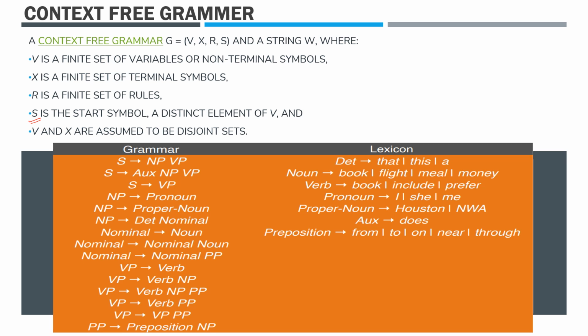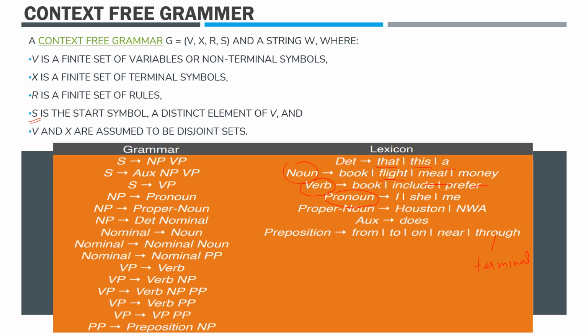So if I look here, these are my set of rules. These are the non-terminals. The left-hand side of every rule has non-terminals, and the right-hand side are my terminals.